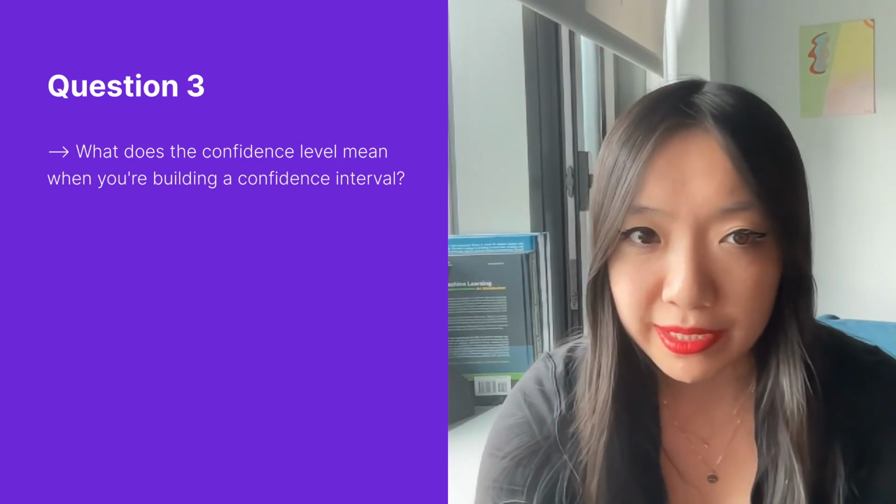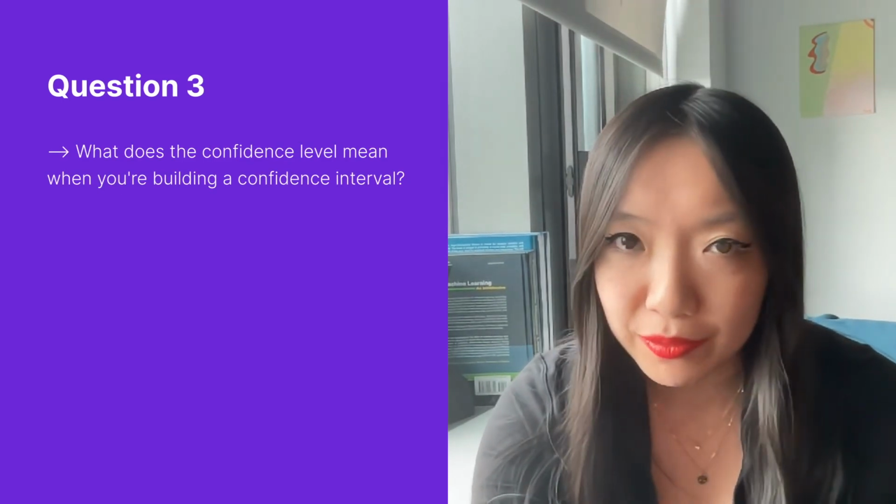What does the confidence level mean when you're building a confidence interval? When we make an estimate in statistics, there's always uncertainty around that estimate, because usually in inferential statistics, whatever estimate you're calculating is based on a sample of the population you're studying.